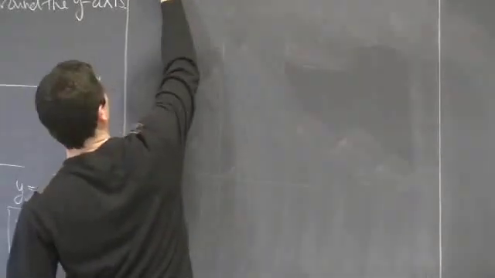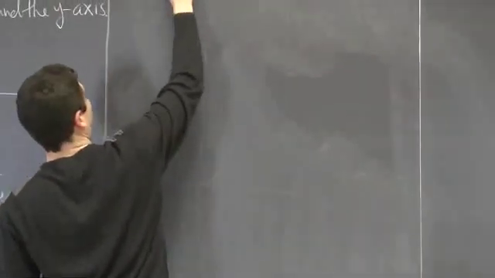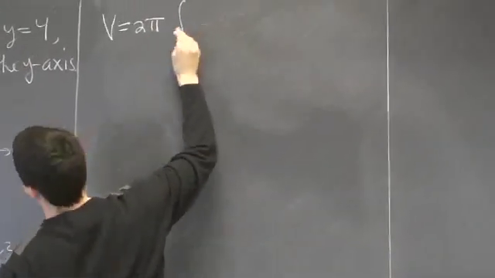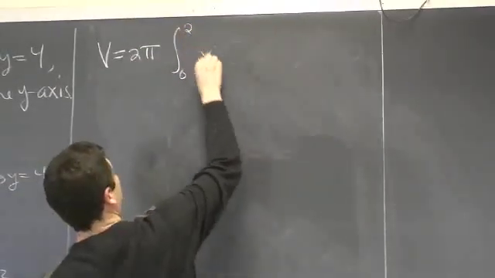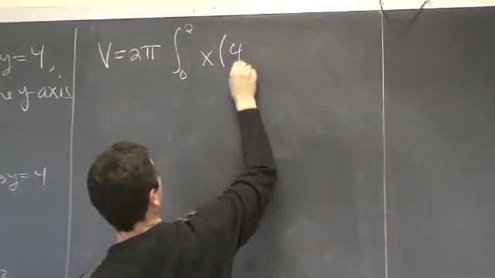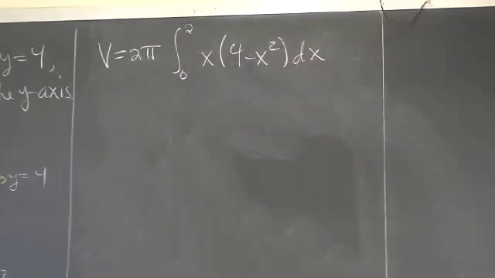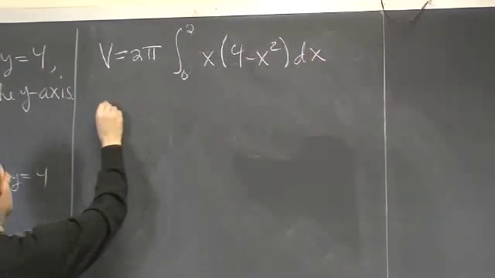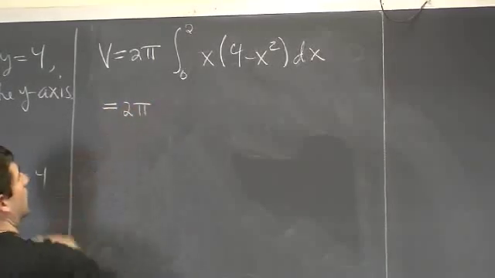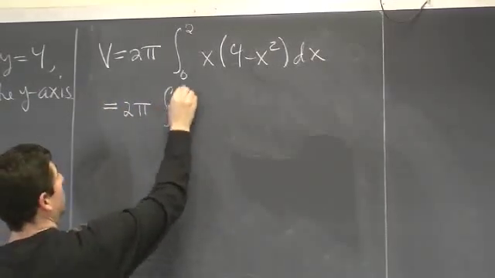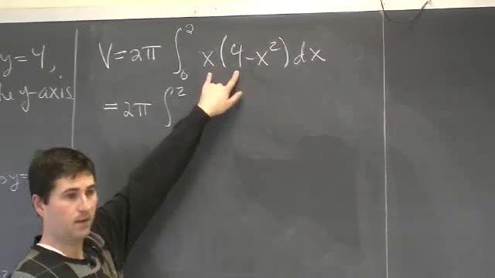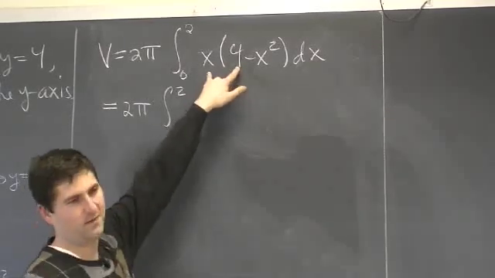All right, so let's compute this. In our first one, we go from 0 to 2 of x times 4 minus x squared dx. Let me just expand this. That's easy. You can do substitution, but come on.